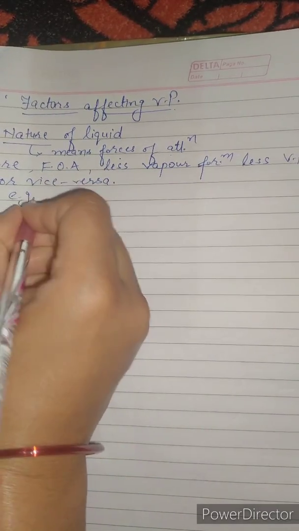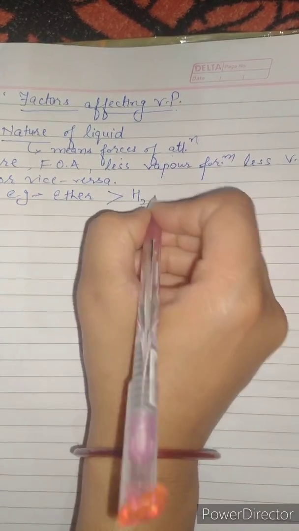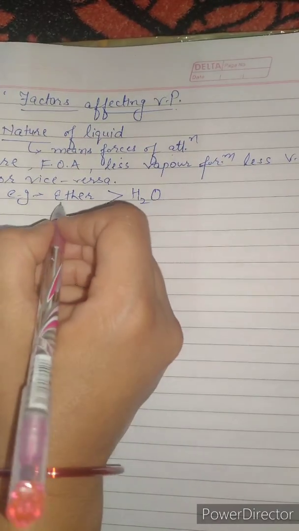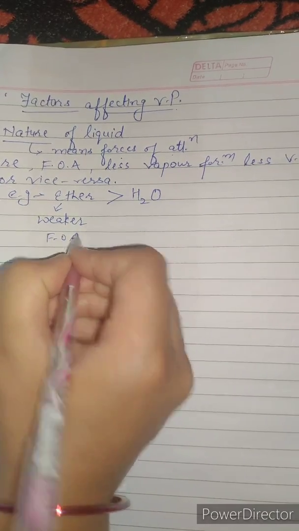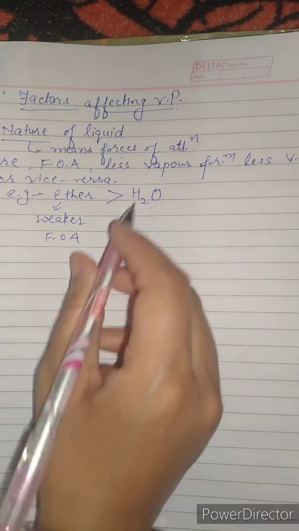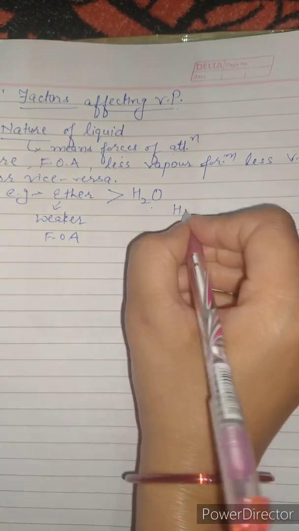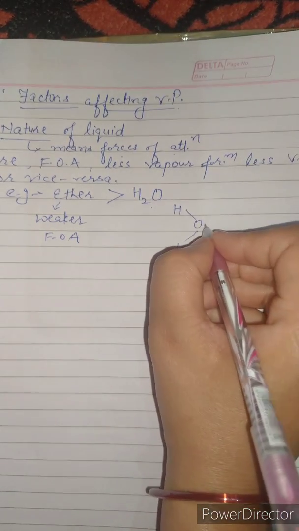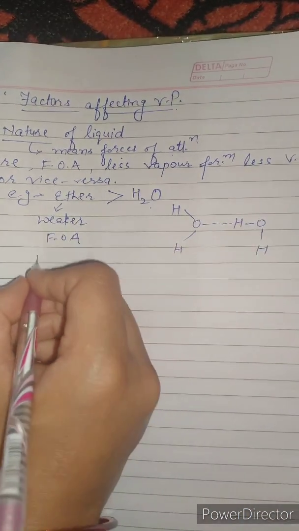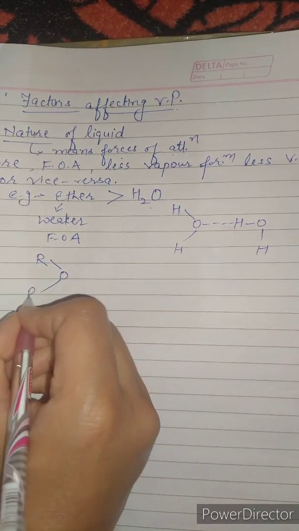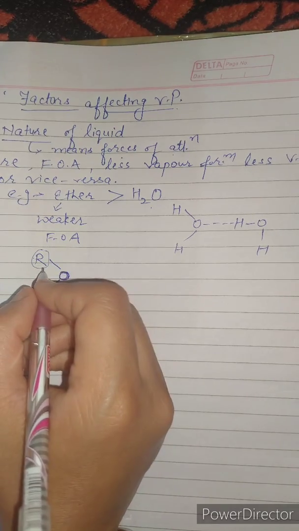For example, ether has more vapor pressure than water because in ether there are weaker forces of attraction as compared to water. That is easily understood with the help of the type of forces of attraction. In water, there is hydrogen bonding like this and so on. But in ether, the formula is ROR. Oxygen is more electronegative than the R group. R is any alkyl group.